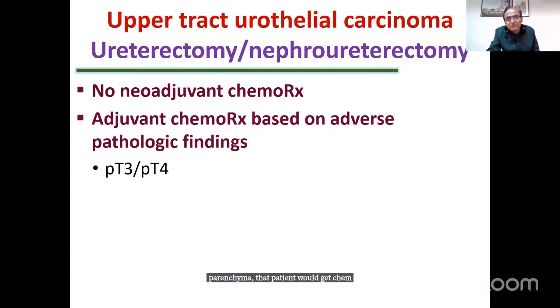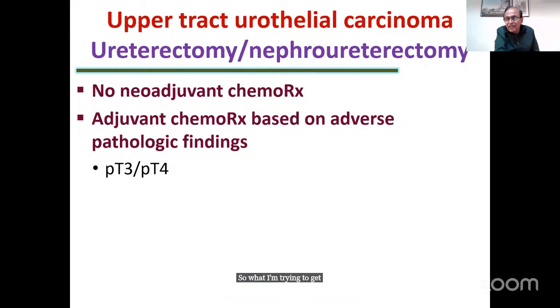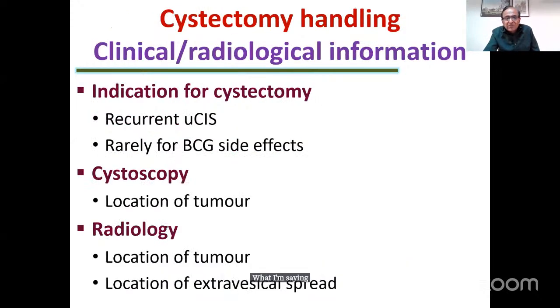So that becomes absolutely critical. What I'm trying to say is that staging is more critical in the upper tract than it is in the cystectomy specimen. I'm not saying that cystectomy staging is irrelevant, but it is what is more important.